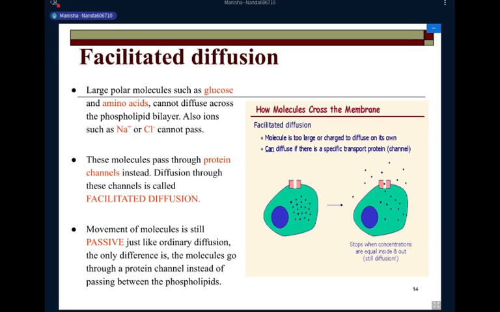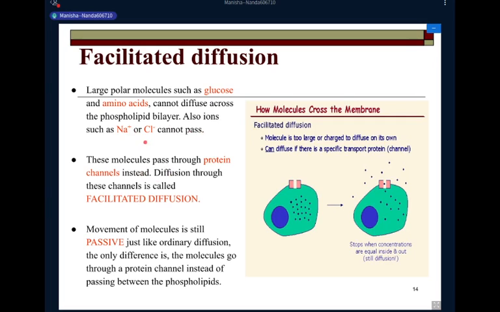Okay, then we have to talk of facilitated diffusion. You have already seen that in that particular figure. Large polar molecules such as glucose and amino acids cannot diffuse across the lipid bilayer on their own. Also, ions such as sodium and chloride are not allowed to cross the membrane.